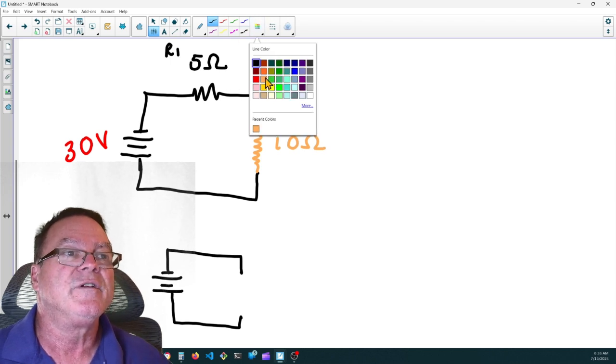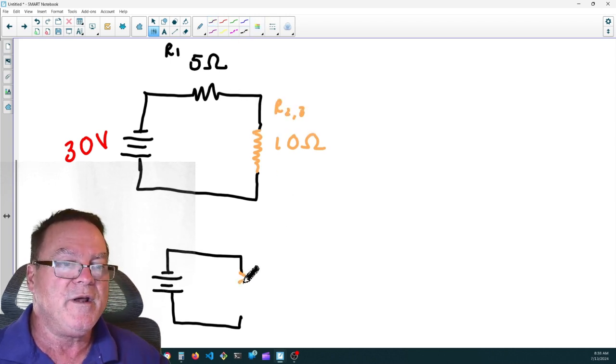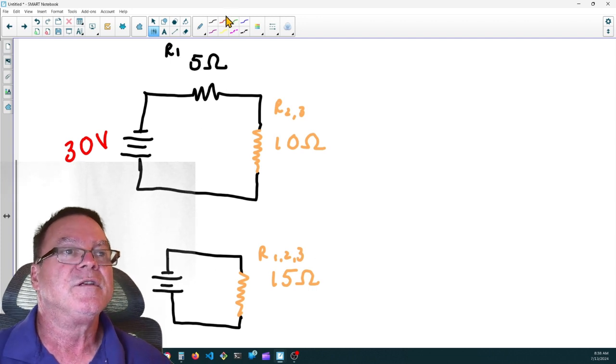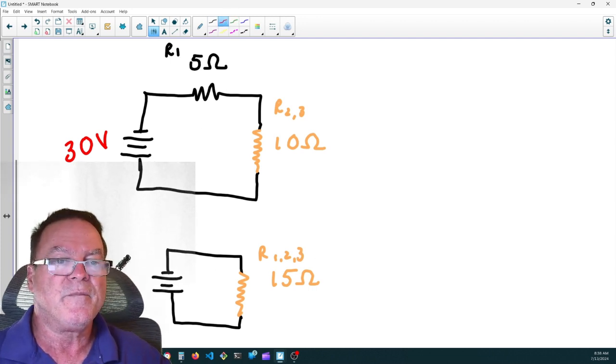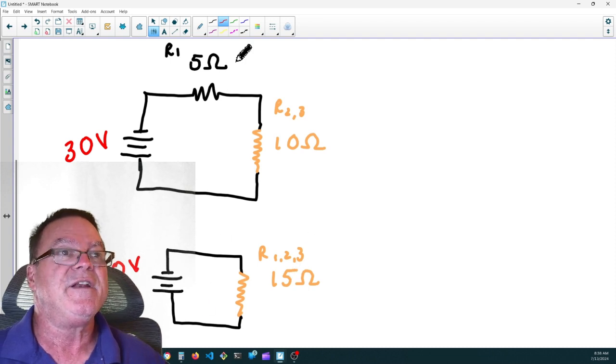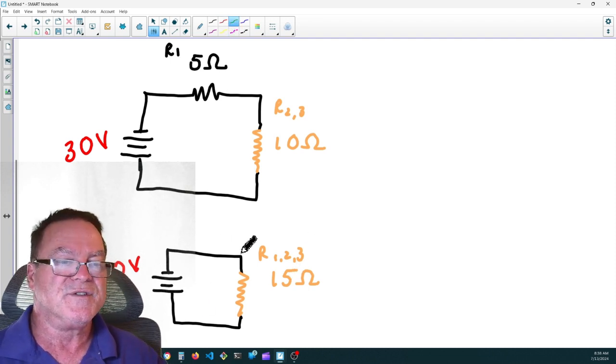This final equivalent circuit has one resistor of 15 ohms. And this resistor is R1,2,3. So I have 30 volts impressed across 15 ohms of resistance.